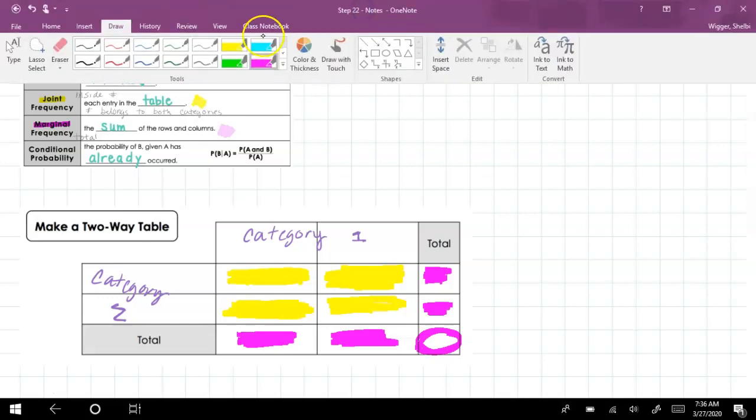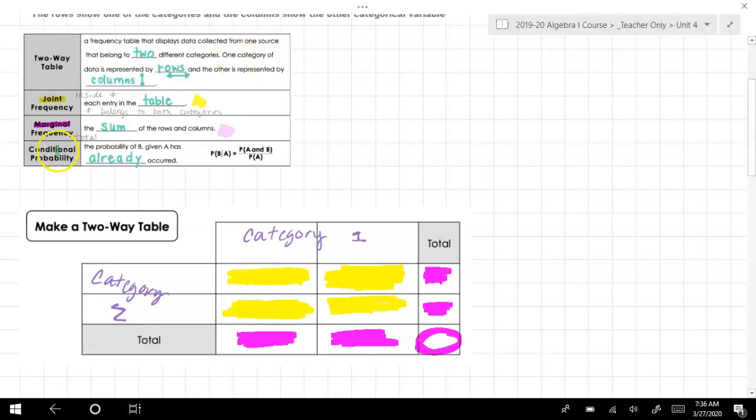Conditional probability. This is finding the probability of an event given that another event has already occurred.